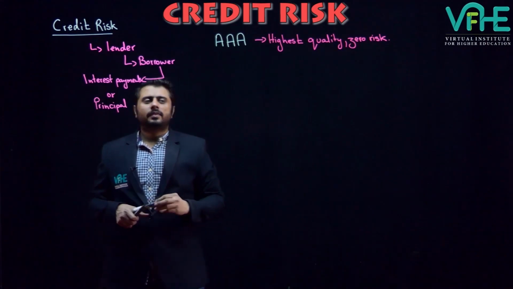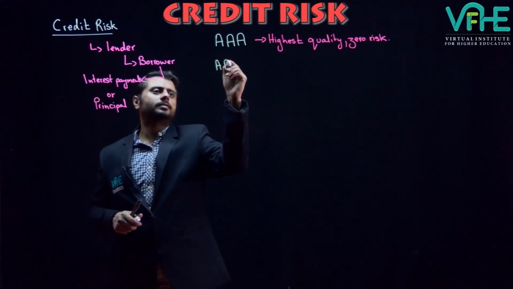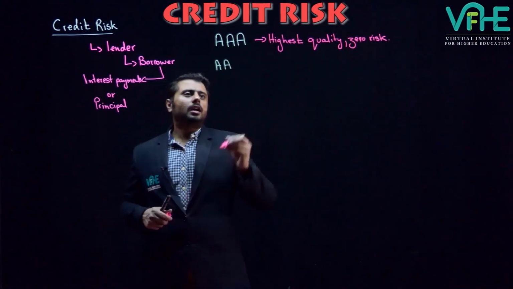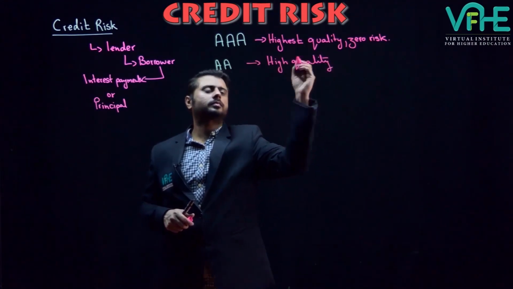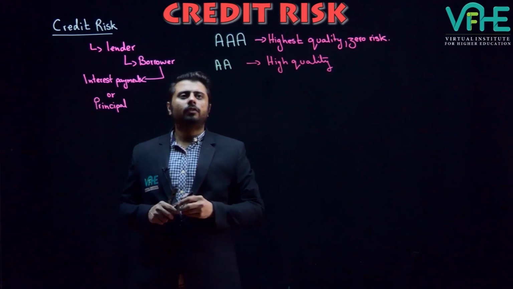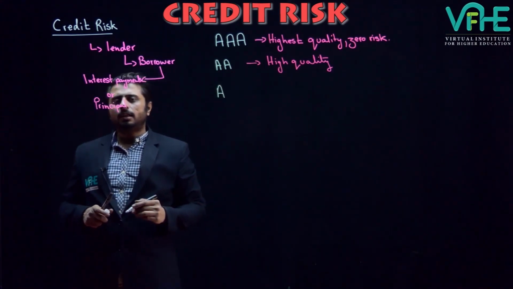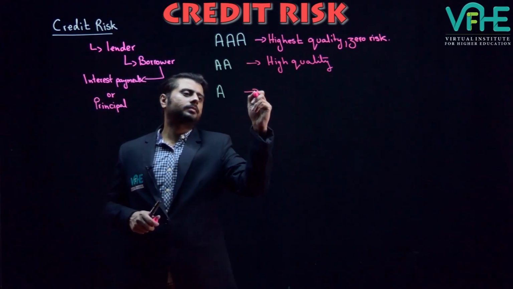After that, the second type of companies are rated as AA. The AA companies are high quality. After that, we have A-rated companies, and these A-rated companies are upper medium grade quality.